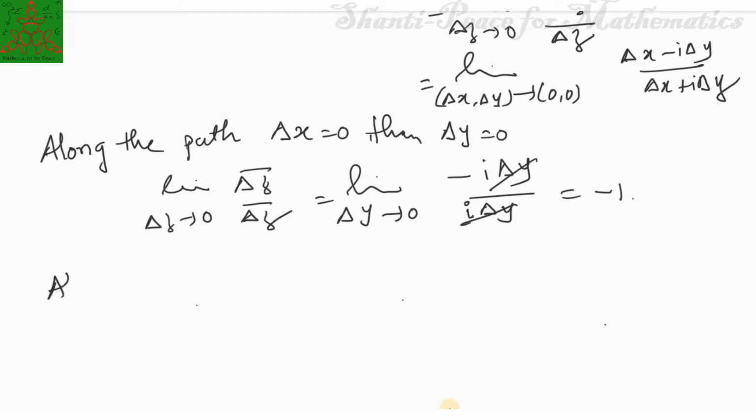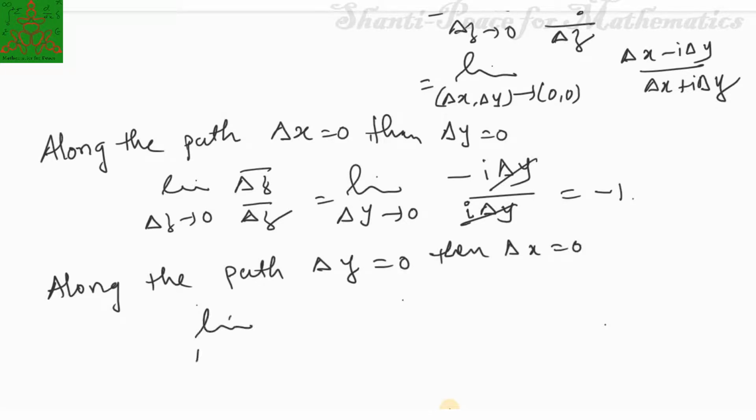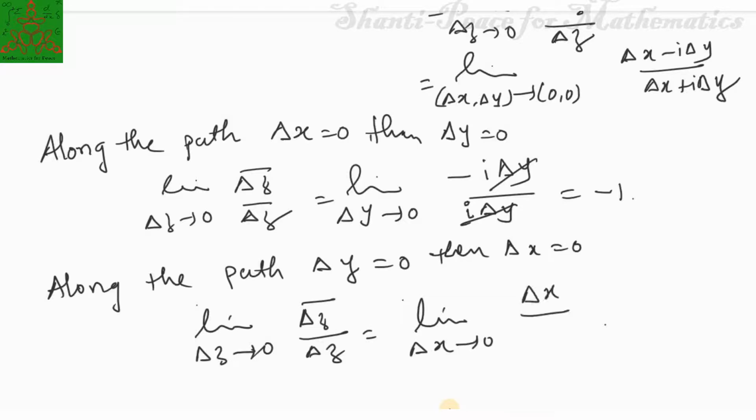Along the path delta y equal to 0, then delta x tends to 0. The limit as delta z tends to 0 of delta z bar upon delta z can be written as the limit as delta x tends to 0 of delta x upon delta x, which gives you 1. Thus, by taking two different paths, we get two different limits.